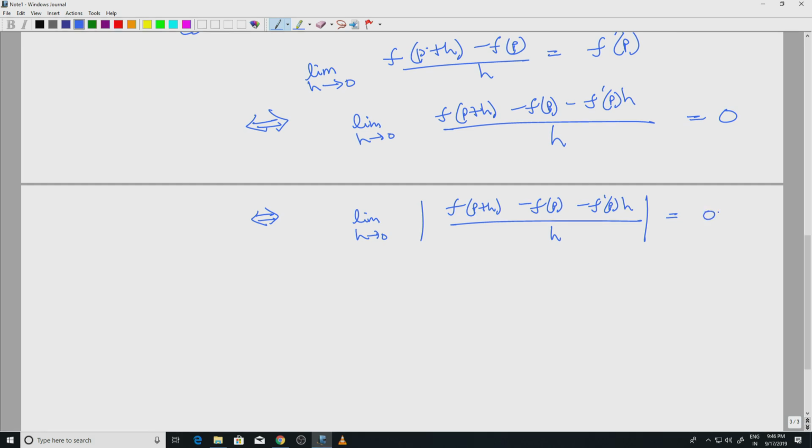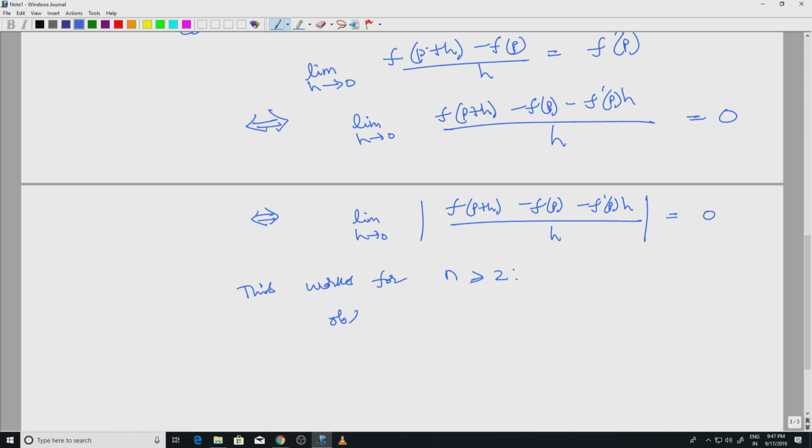Now the point about rewriting the original derivative definition this way is that this can be generalized to higher dimensions. Here n is of course the dimension of the domain.